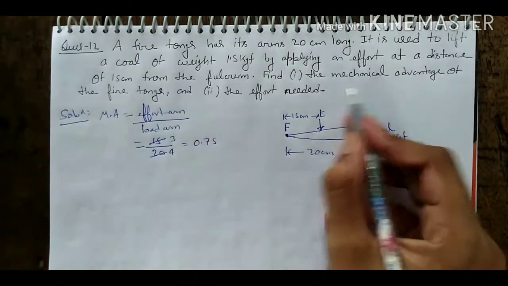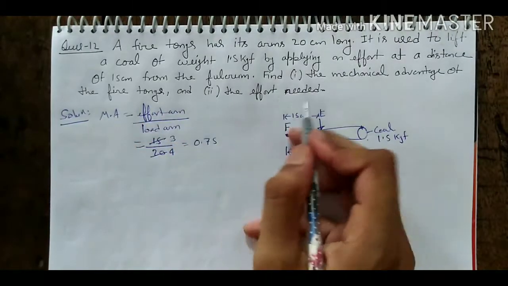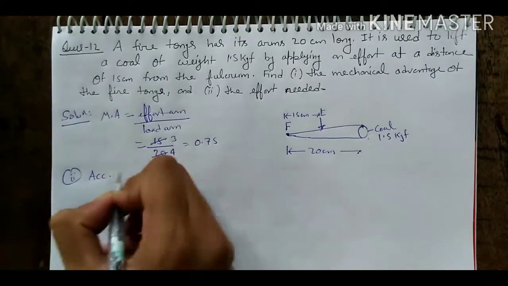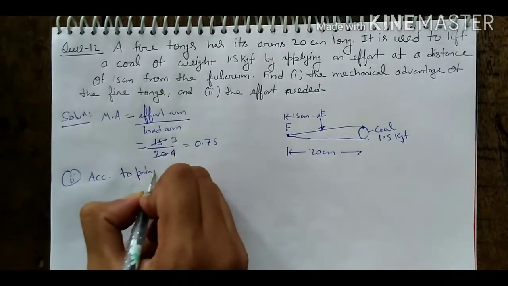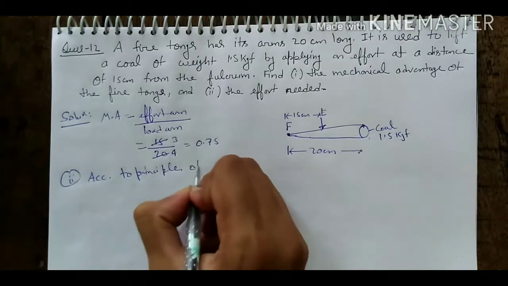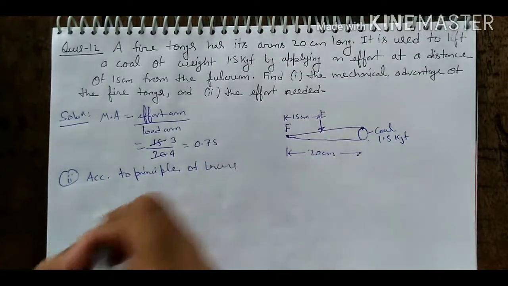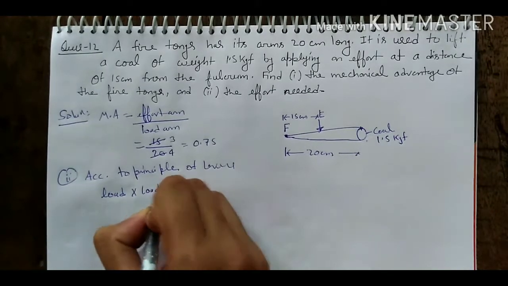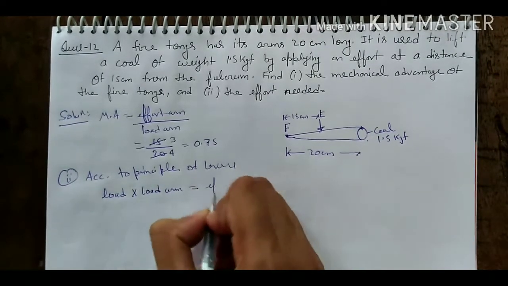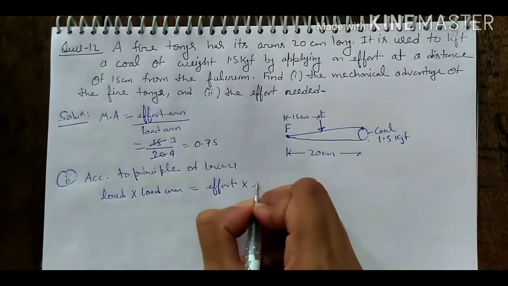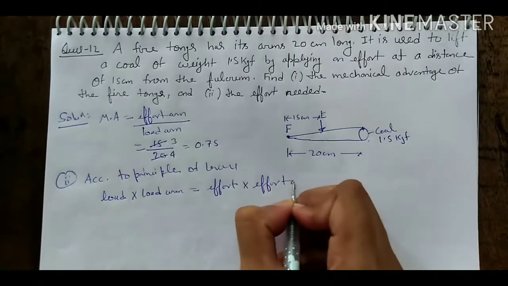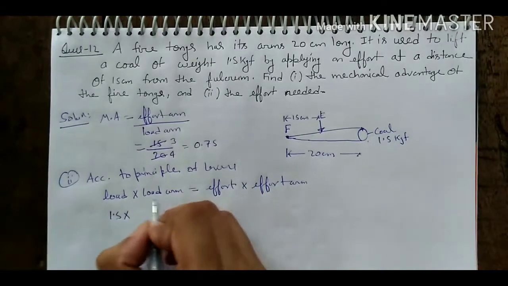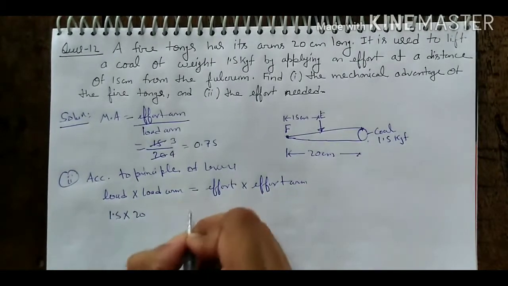And the second question: the effort. The second part will be according to the principle of levers: load into load arm will equal effort into effort arm. Here, students, load is given 1.5 and load arm is given 20 centimeter.